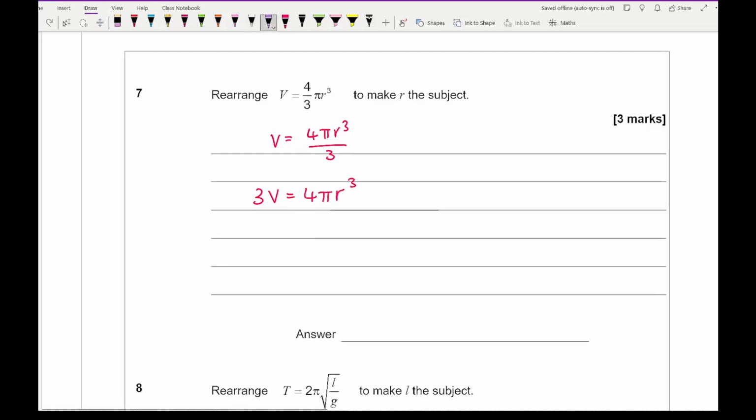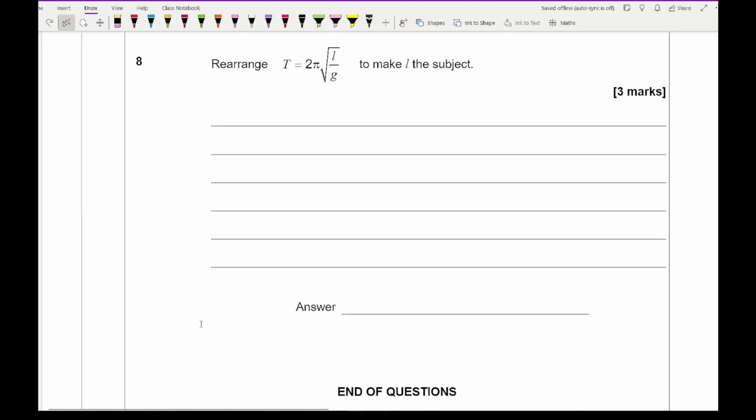Then I'm going to treat the 4 pi as one thing and take that to the other side, so I end up with 3v over 4 pi equals r cubed. And then I'm going to cube root, so r equals the cube root of 3v over 4 pi. And there we go.